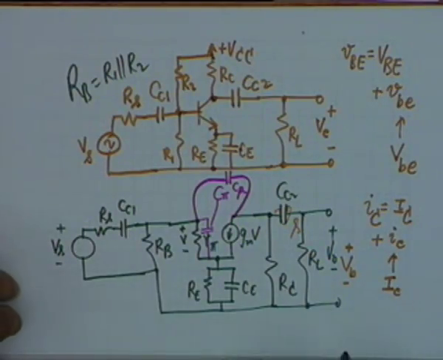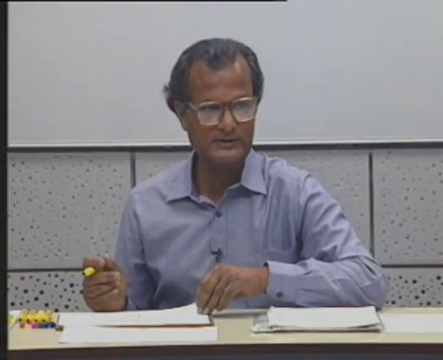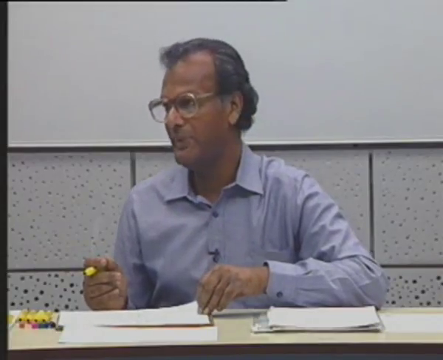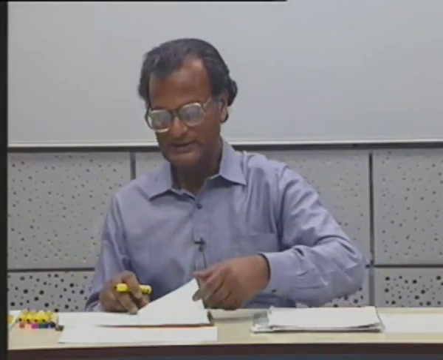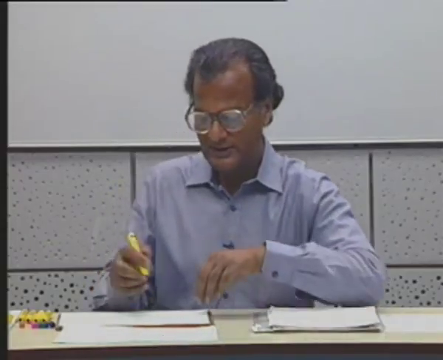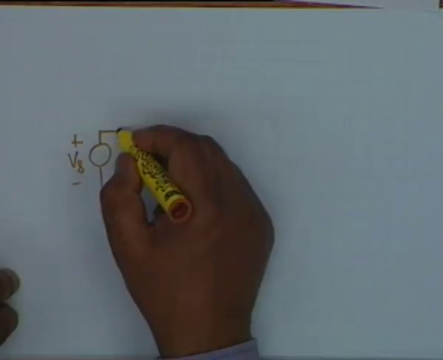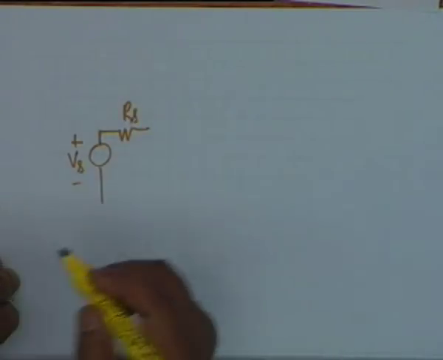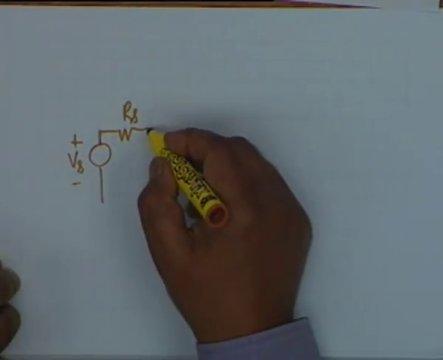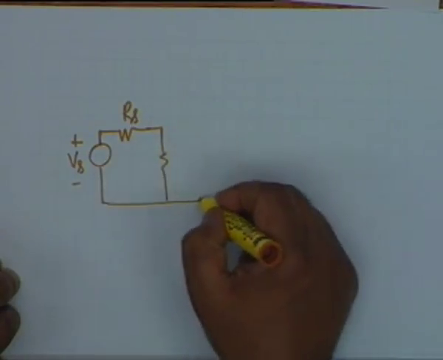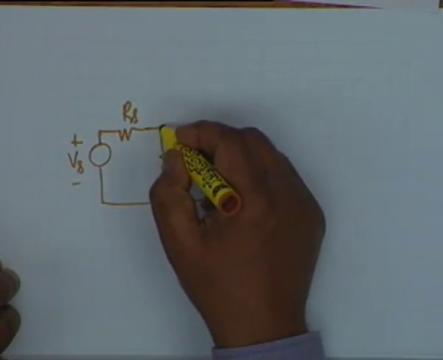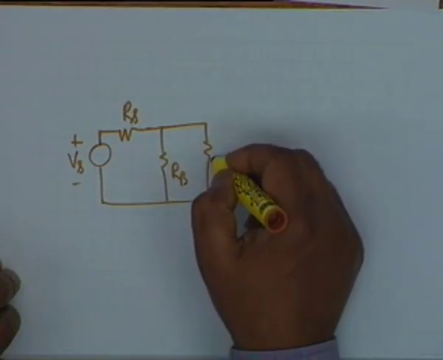And therefore, at medium frequencies, which is also called the mid band, our equivalent circuit would be Vs, then Rs, CC1 acting as a short, then Rb in parallel with R pi.